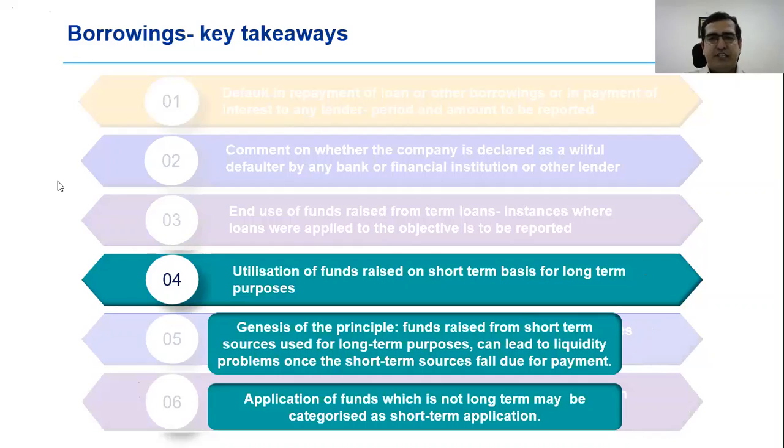Just think about a situation where a company issues commercial paper, and using that money, it starts building a plant which will only start generating money 3 years later. So if one uses funds raised by issue of a 90-day commercial paper and deploys them in a fixed asset where the revenue only starts from year 3, it's a basic mismatch between the way in which the fund is intended to be used and the manner of raising the funds.